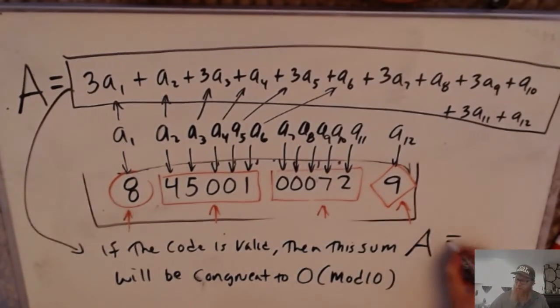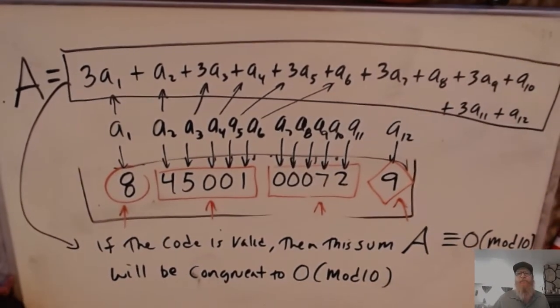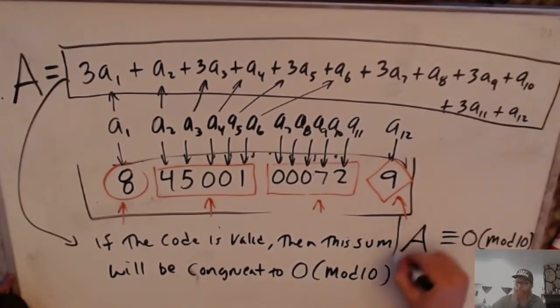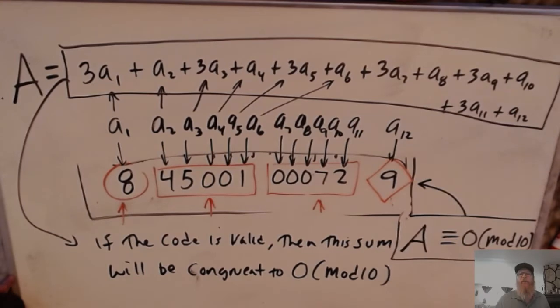In other words, A is equal to 0 mod 10. So this is how the check digit works.